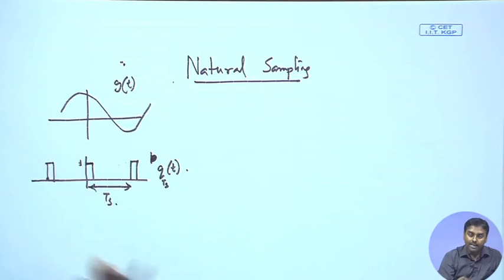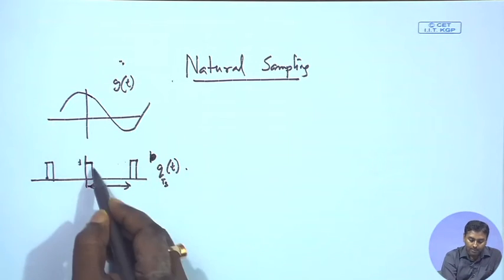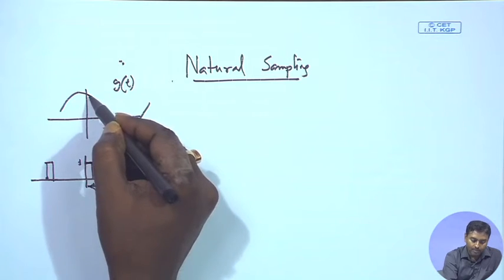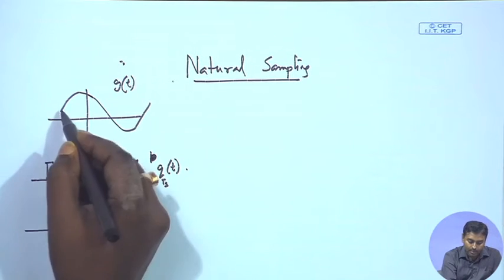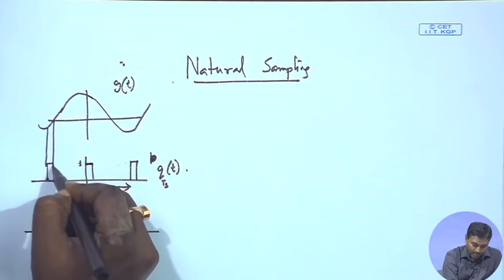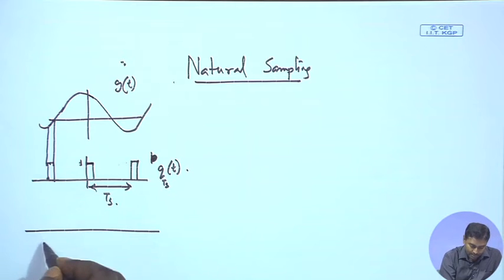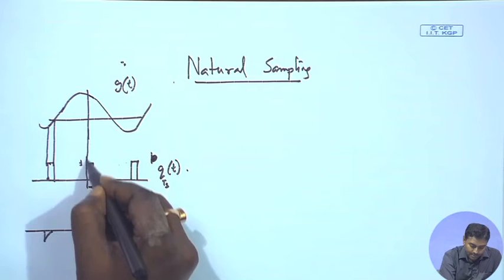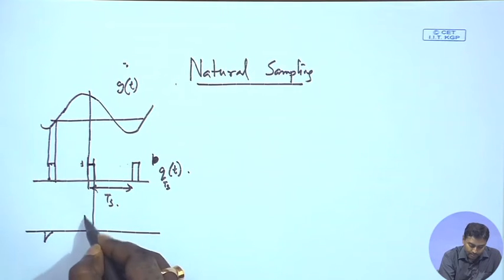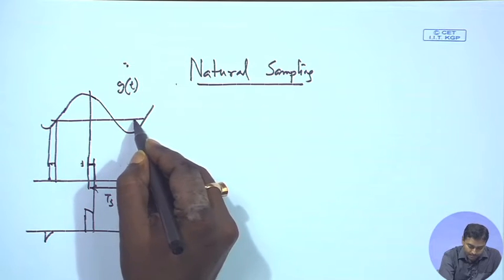So, I will be multiplying it. What will happen? Wherever it is 1, it will be following, because I am multiplying. So, because it will be multiplied by 1, this will be sampled all right, but during this duration it will just follow, because it is multiplication by 1 with this one. So, it will just follow the way the signal is whenever the pulse is on.